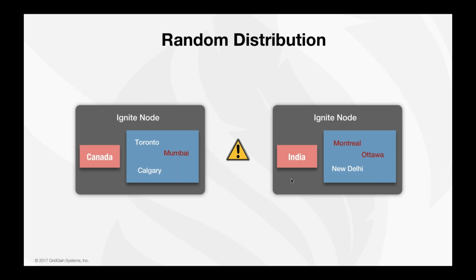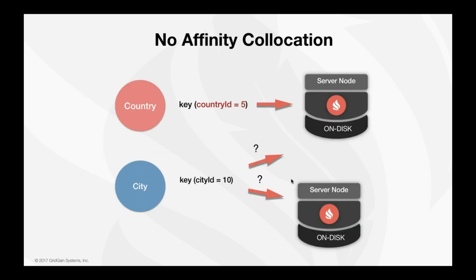Ignite takes a certain approach in order to store the data, and that's what it's done here. There's no special consideration in terms of the cities being co-located with the country. So that's how it will do it. But if we're able to specify some additional information, we can take advantage of that. Now, with no Affinity Colocation, exactly as we saw in the previous chart, we've got countries, and in this case, country ID equals 5.